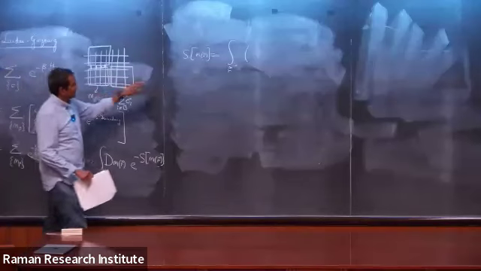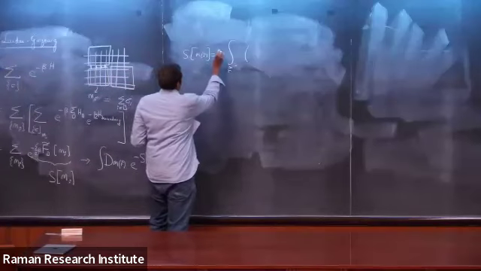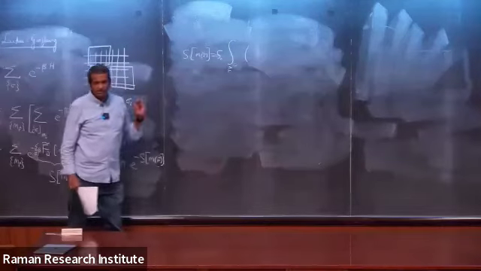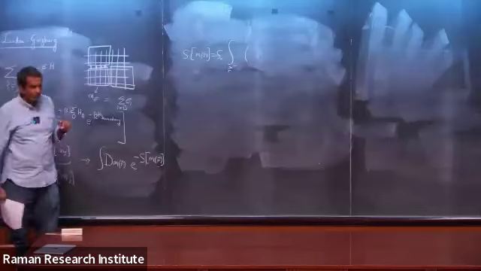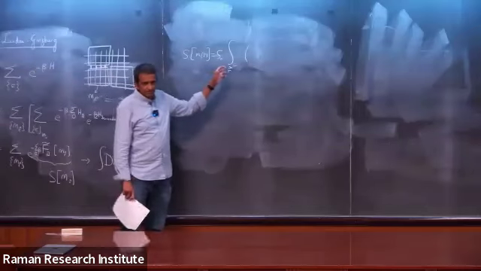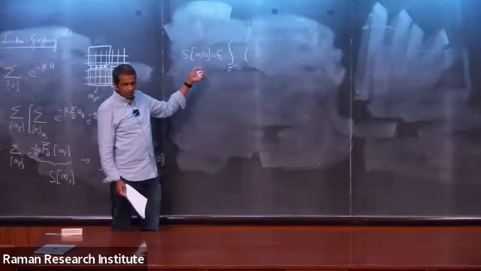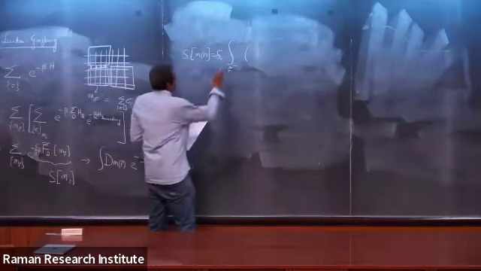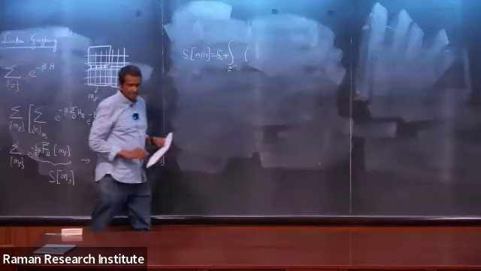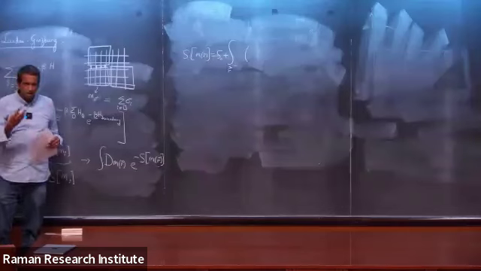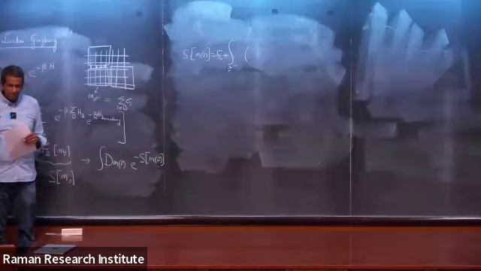Okay, if that's the case, I can replace this S of M of R by saying I'm going to just Taylor expand it in powers of M. Okay, so there'll be a zeroth part, which is S of 0, no magnetization. If M is 0, then I'm going to call it S0, right? If M is not 0, I want to ask, does my block free energy know about M being positive versus M being negative?